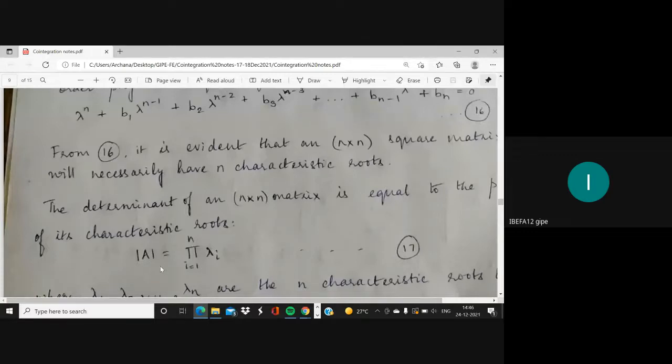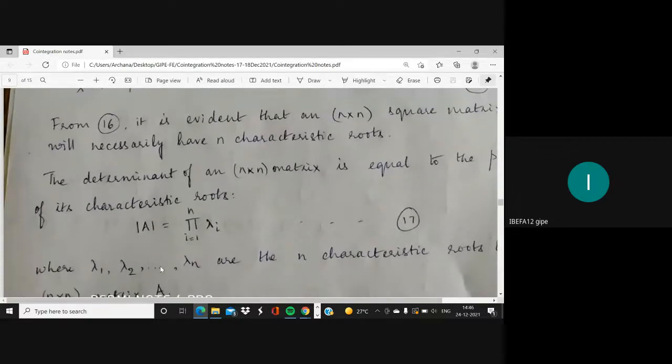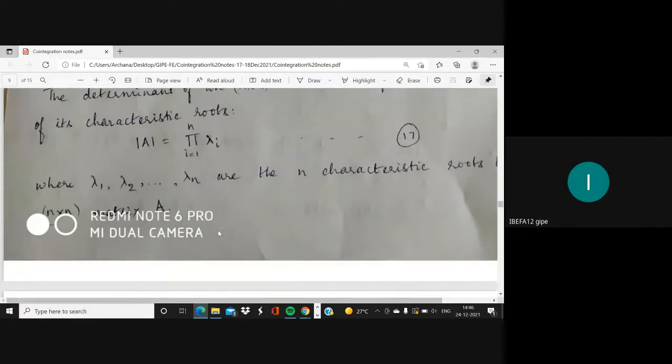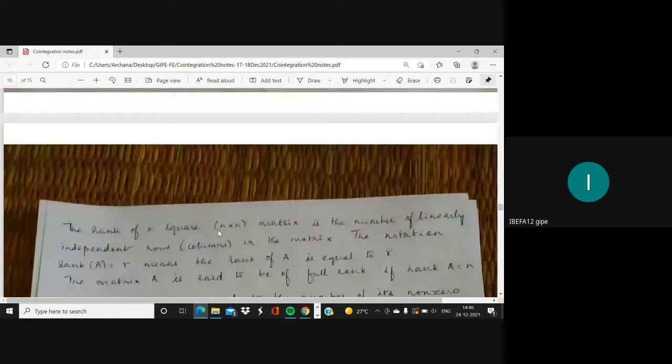For any square matrix, the determinant of an n by n matrix is always equal to the product of its characteristic roots, where lambda 1, lambda 2, up to lambda n are the n characteristic roots of this square matrix. If at any point you have a doubt, please stop and ask me questions.